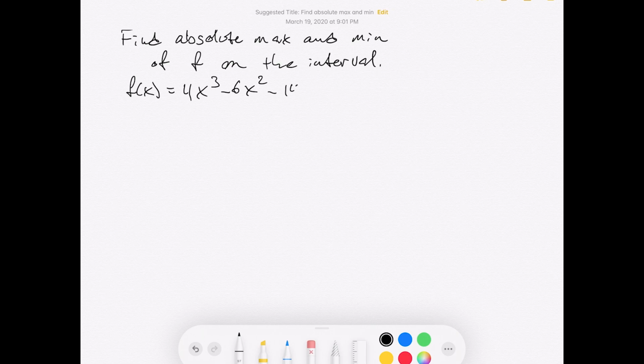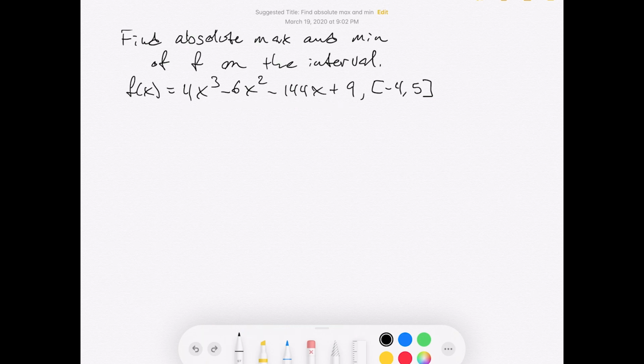I really do hate writing with a digital pen. You're going to hear me say that frequently, probably. Alas, this is the problem that we're working with. We want to find the absolute max and min of our function on this particular interval: 4x to the third minus 6x squared minus 144x plus 9.